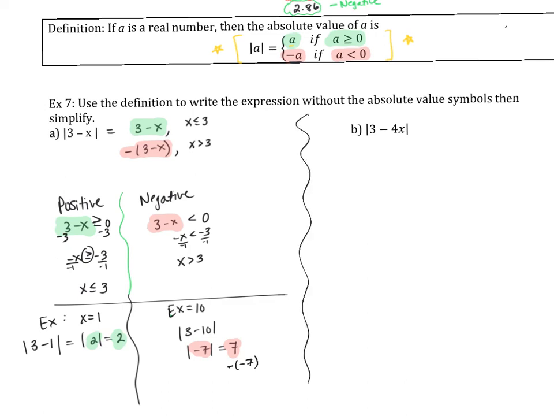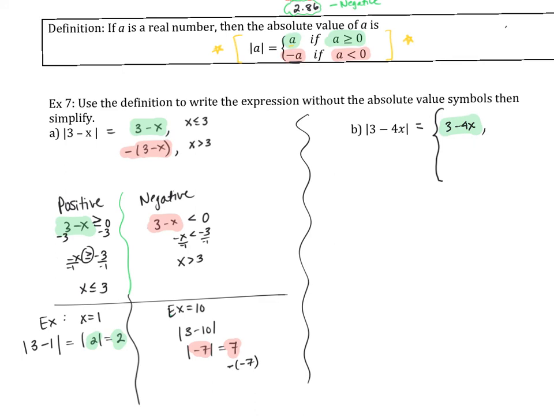Okay, so using the definition here, we can say, okay, there's two things that happen. If what went in, this 3 minus 4x, if that's positive, then what comes out is the same as your input. Input and output of absolute value are the same.